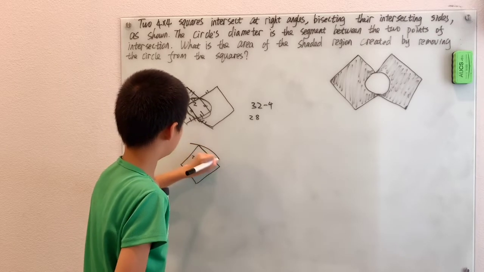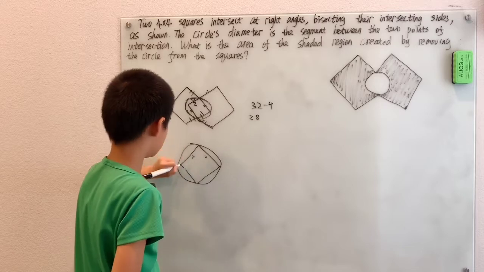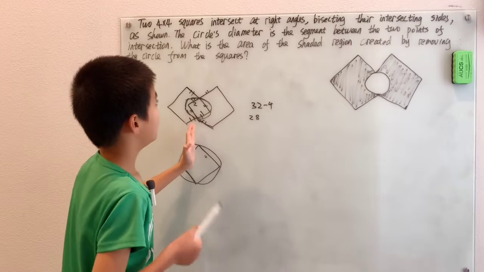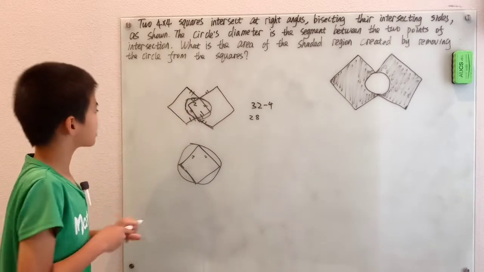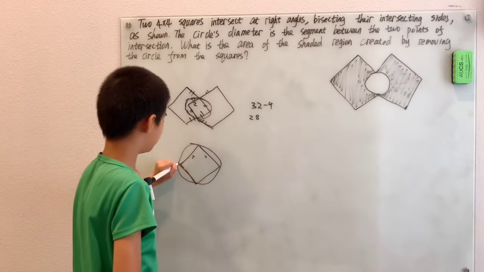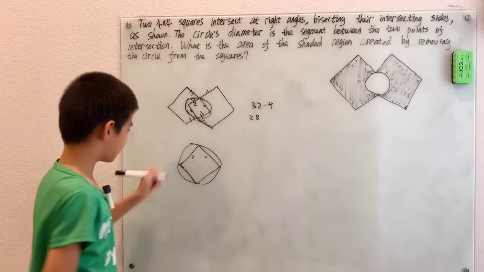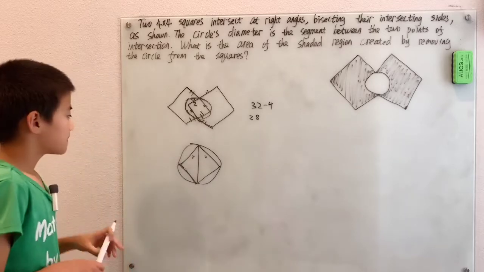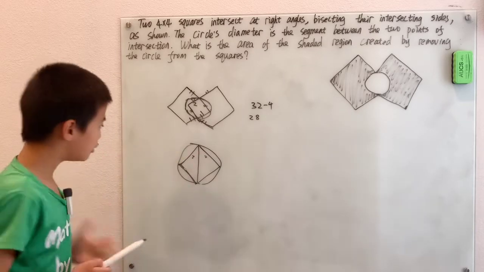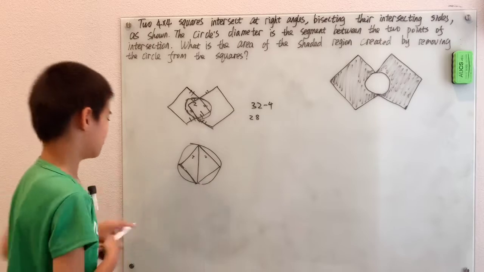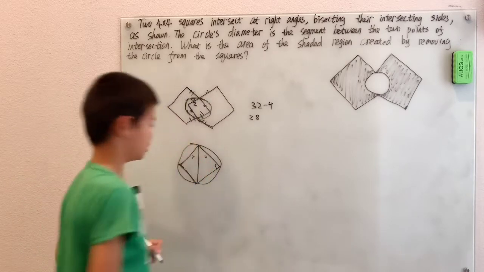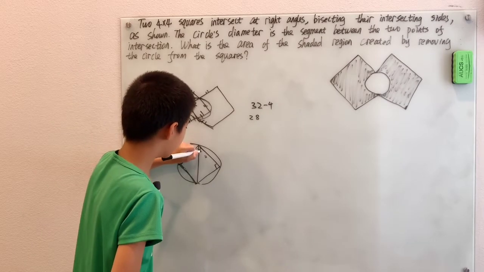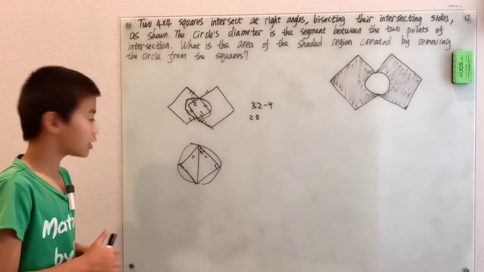And we have a circle whose diameter is the segment between the 2 points of intersection. These two, as well as these two, are the points of intersection. So we can just find the diameter. If each of the sides is 2, then because it's a square, its diagonal always cuts the square into two 45-45-90-degree triangles.